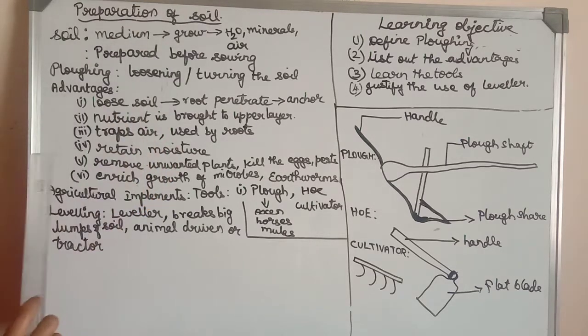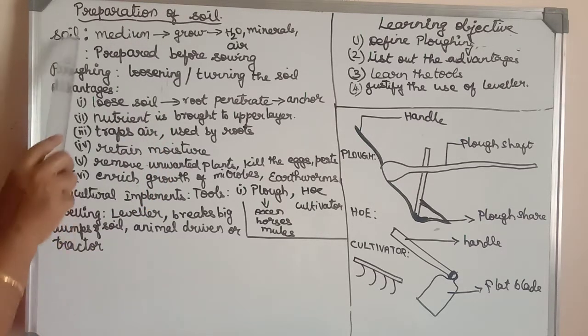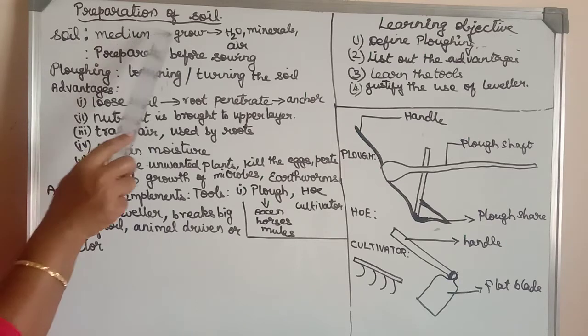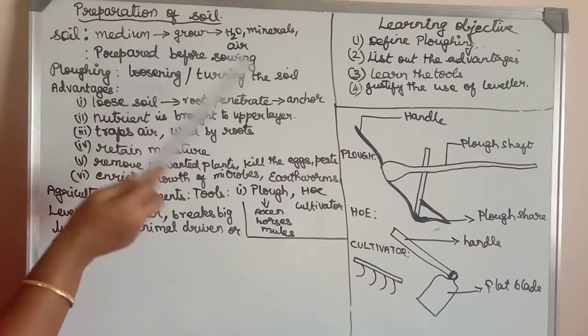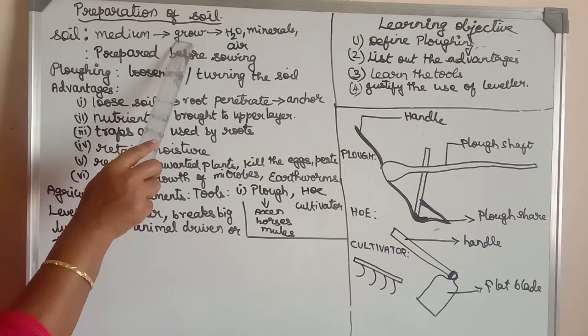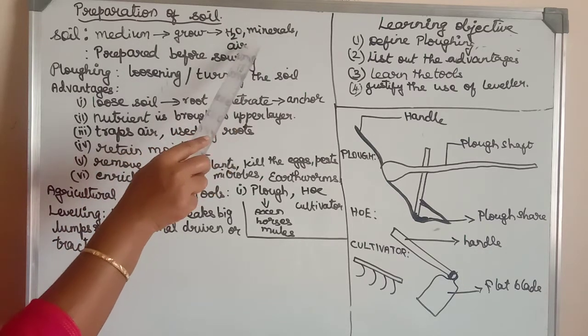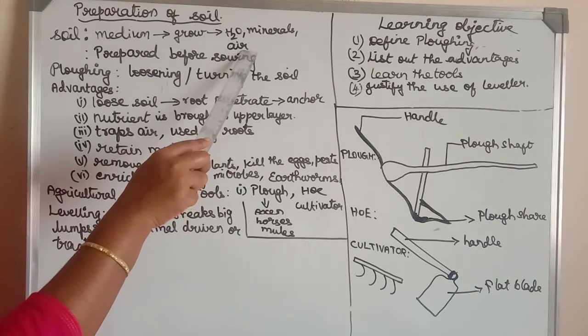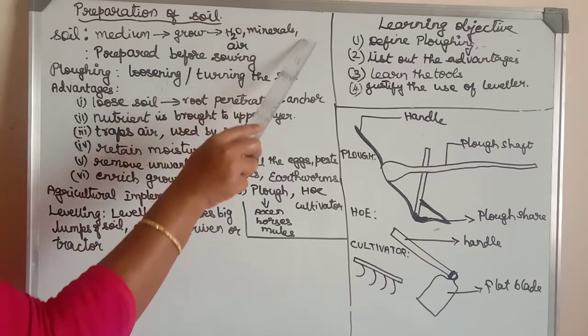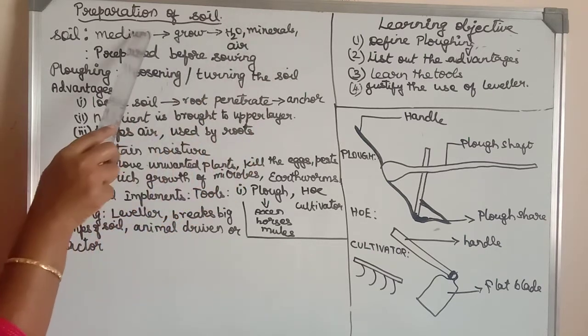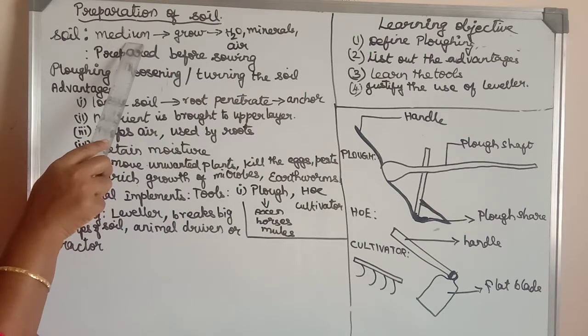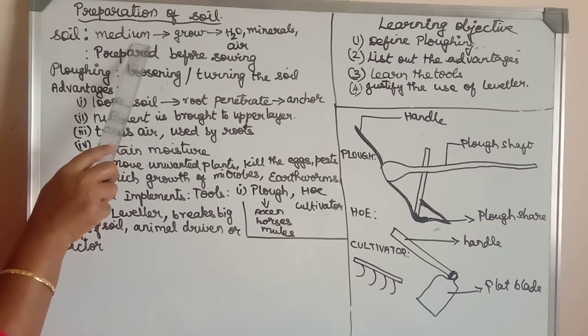Preparation of soil. You know already that soil is the basic medium for the plants to grow. Apart from the soil, the plants need water, minerals and air for their nutritive growth. Indirectly all these materials are provided by the soil to the plant.